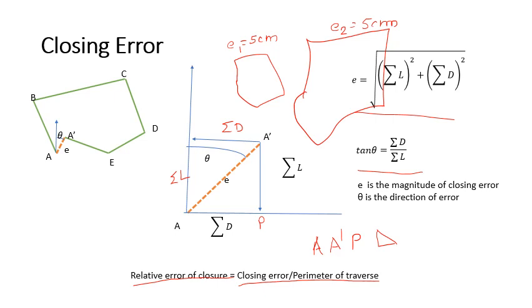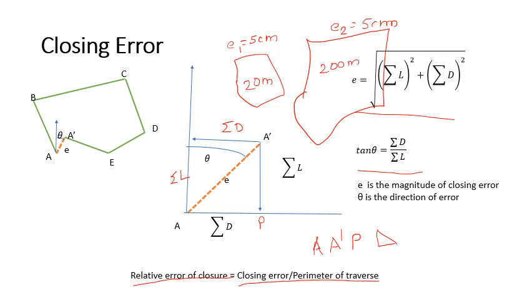We need to understand the size of the plot with respect to which the error is stated. For that, closing error per perimeter of traverse is a better parameter to represent the accuracy of your work. Here the perimeter may be say 20 meter, whereas in the other case it may be 200 meter.